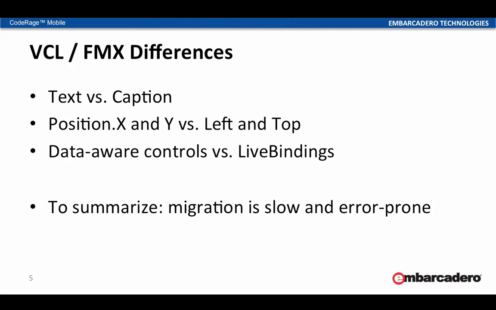There's no more DB edit, but there is an edit that supports live bindings. This makes migration quite slow and error prone. You can't just take your DFM files or copy and paste components from one side to the other, because there are all of these differences that you have to go through and adapt your code and DFM files to this change in names, even for standard and commonly used properties.